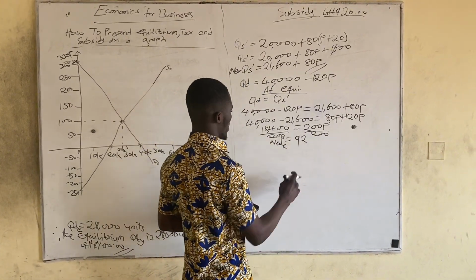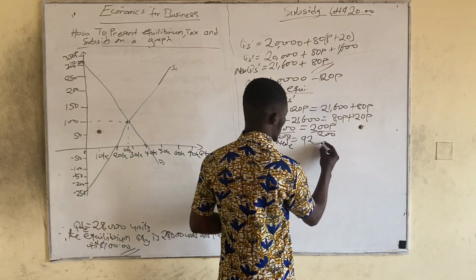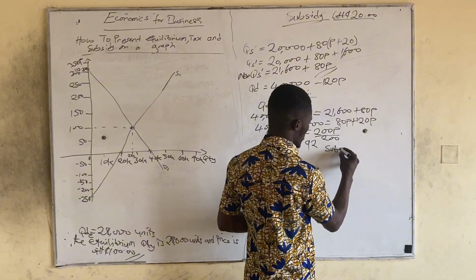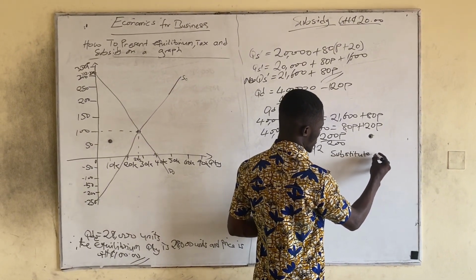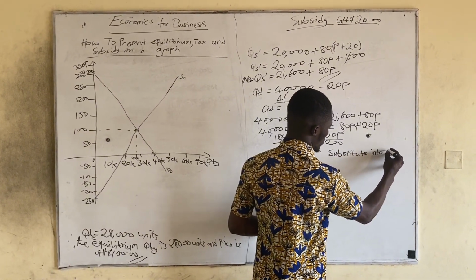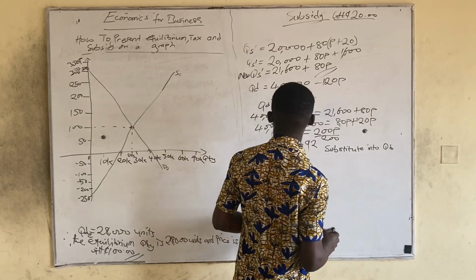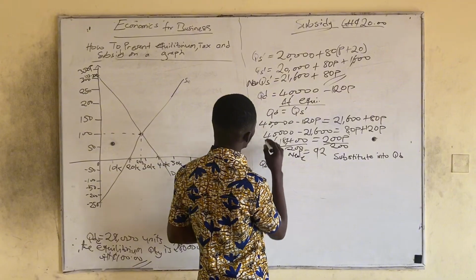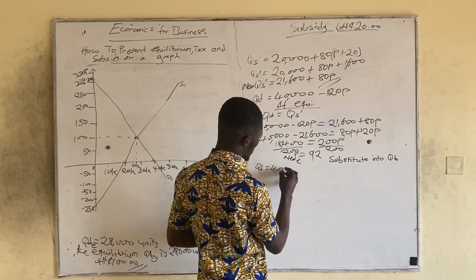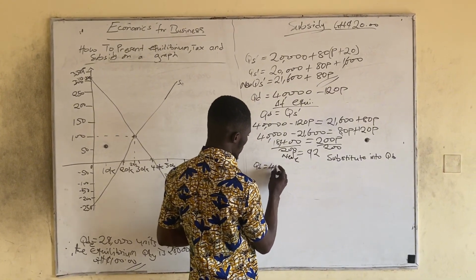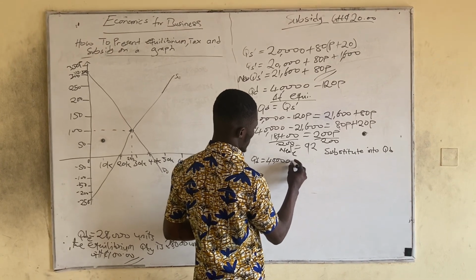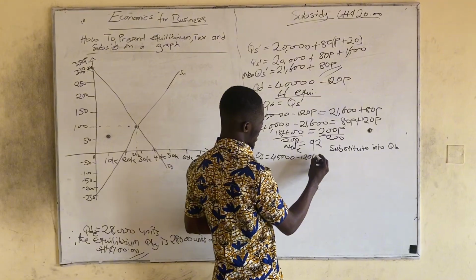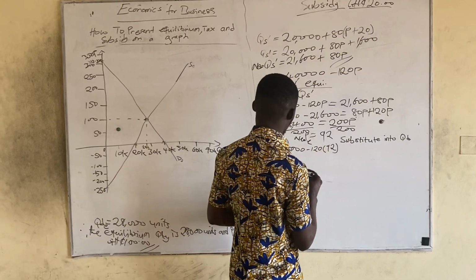So this is our new equilibrium price. Then let's substitute this into the quantity demand equation. Here we get quantity demand to be 40,000 minus 120 times our P, which is 92. 120 by 92 gives 11,040.